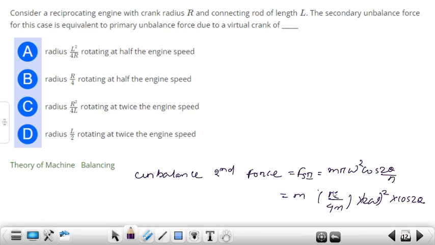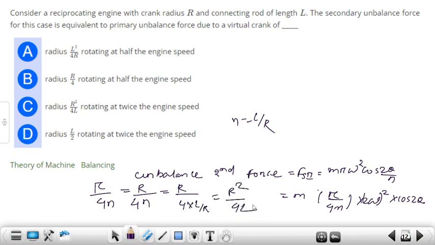So comparing this, R by 4n, here the R taken is capital R. So R by 4n, and n is the obliquity ratio which is equal to L by R, so R divided by 4 into L by R, which is equal to R square by 4L.